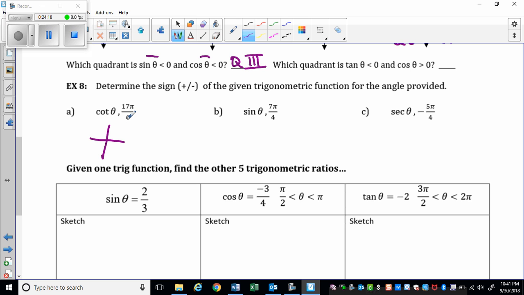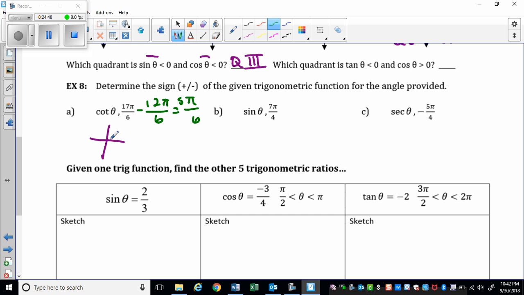I know that 6 goes into 12, so 12 pi over 6 would be 2 pi. So we're going to go around again. Let's subtract 12 pi over 6 and find my reference angle. Subtracting 12 pi over 6 gives me 5 pi over 6.